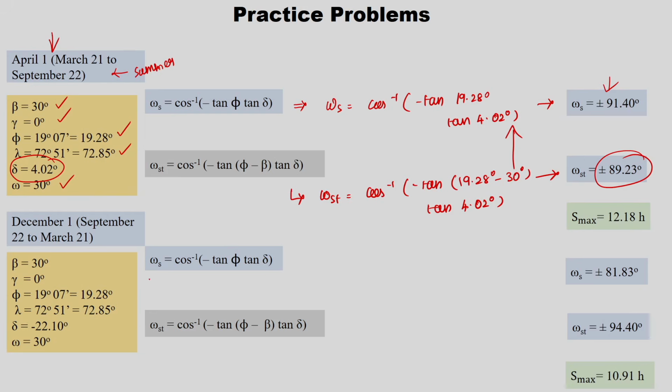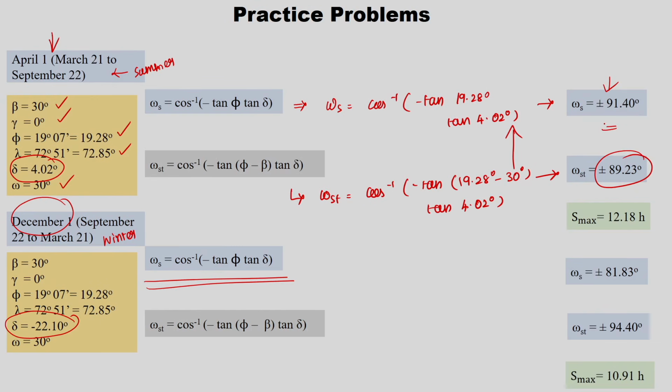This same formula for the horizontal surface can be used when the day of calculation is between September 22nd and March 21st, that is the winter period, where your declination angle is negative. But if you use it for the period of March 21st to September 22nd, it over predicts the value.